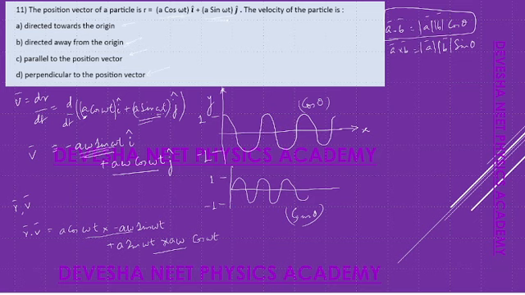Similarly, this will be a sin omega t into plus a omega cos omega t. Sorry for the writing. So this becomes equal to minus a square omega cos omega t sin omega t plus a square omega sin omega t cos omega t.